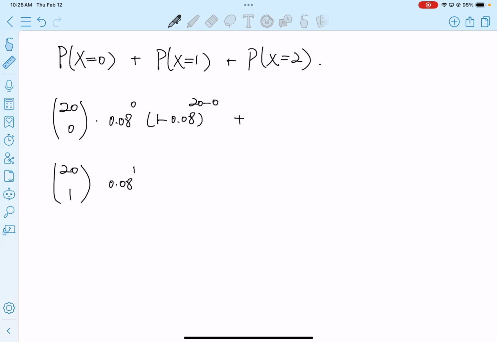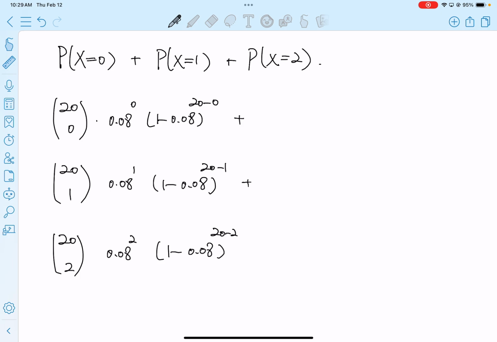We need exactly one of them, so we put a power of 1 on top, and then 1 minus 0.08 to the power of 20 minus 1, so 19 of them are non-defective. Similarly, we have 20 chips and we want exactly 2 of them defective. The probability for 2 of them defective is 0.08 raised to the power of 2, times 1 minus 0.08 raised to the power of 20 minus 2.